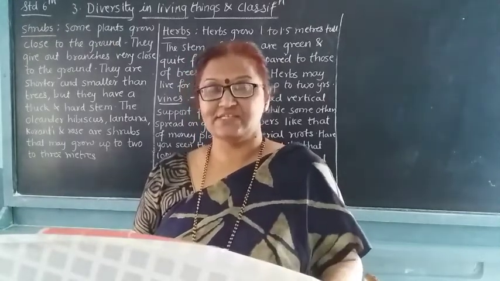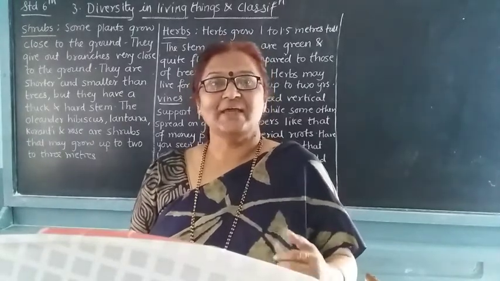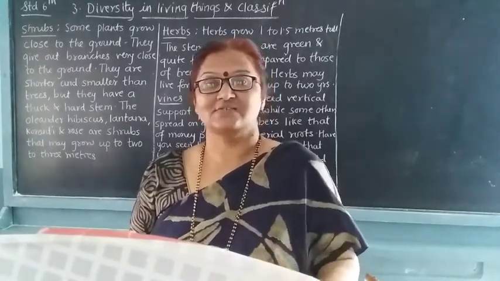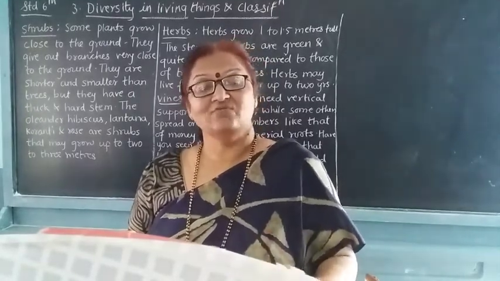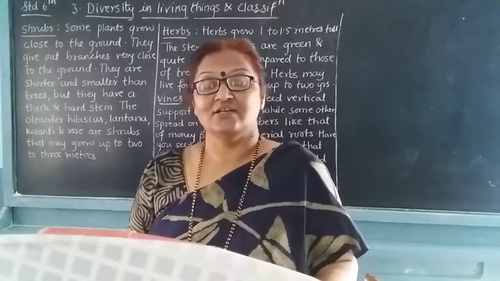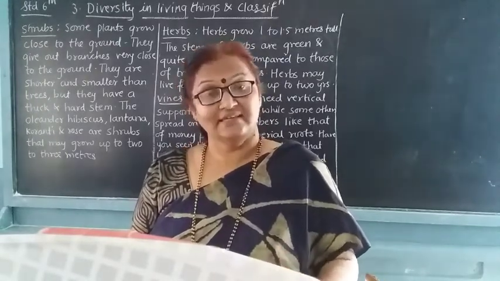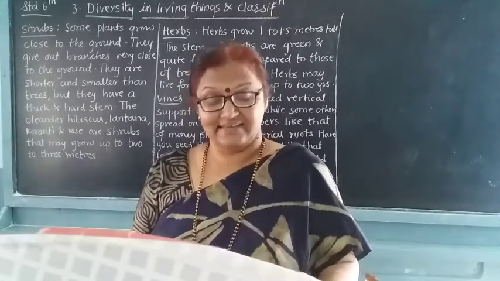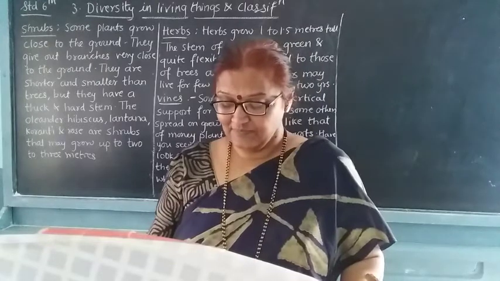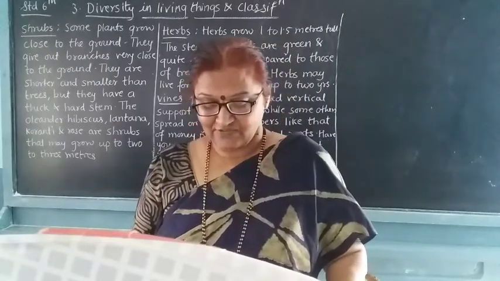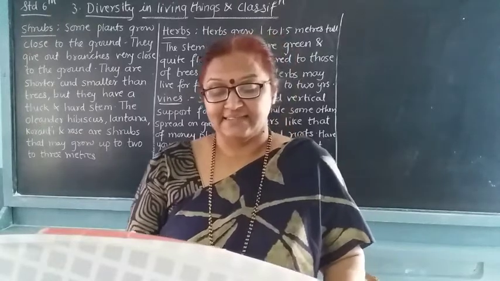Those plants which live for many years are called perennials. Those which grow in 1 year are called annuals. Those which grow in 2 years are called biennials. According to the period of the life cycle, plants are classified into annuals, biennials and perennials.